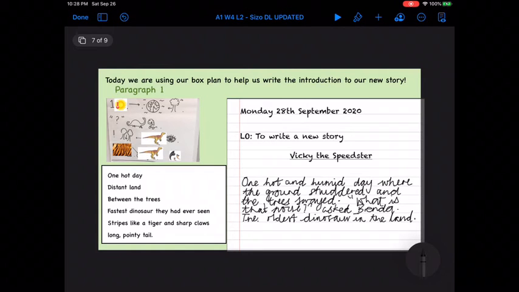I have also used a question mark, so I'm asking a question, and I have also used full stops at the end of each of my sentences. I might carry on, but I don't have space, and if I don't have space, I go to the next page. So this is ours all together, Vicky the Speedster, but I want to see your story.